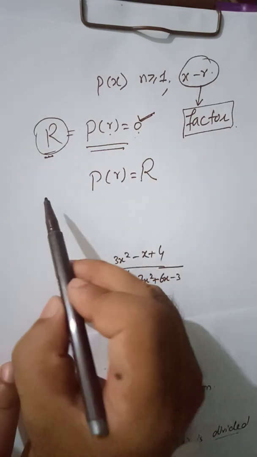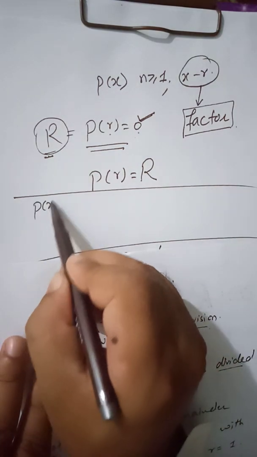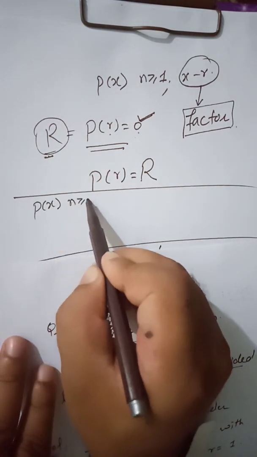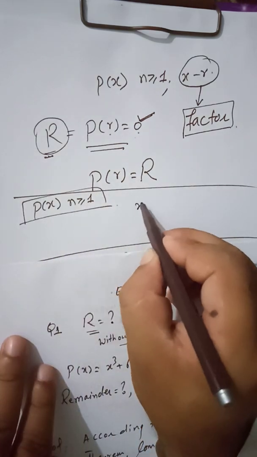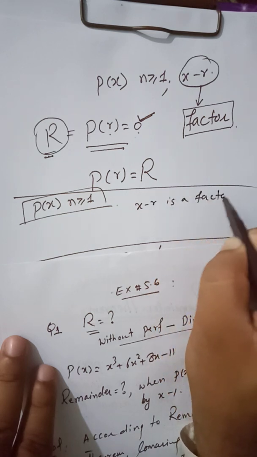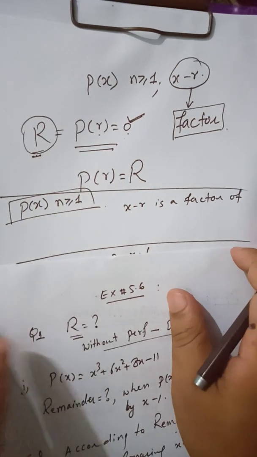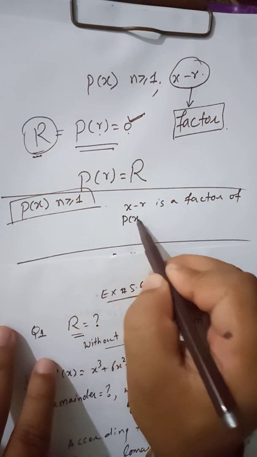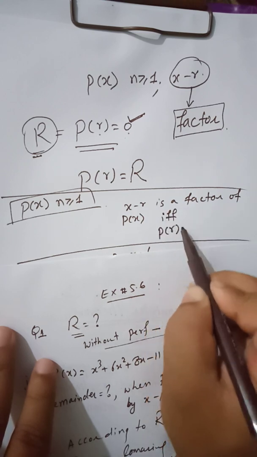The statement of the factor theorem is: let p of x be a polynomial of degree n greater than or equal to 1. Then x minus r is a factor of p of x, the given polynomial, if and only if p of r equals 0.